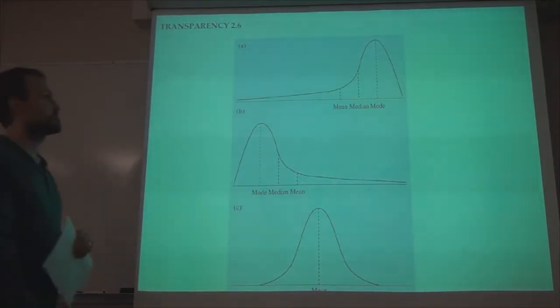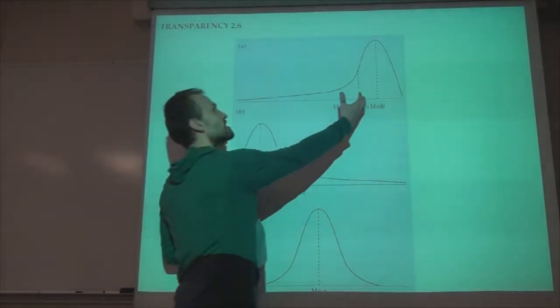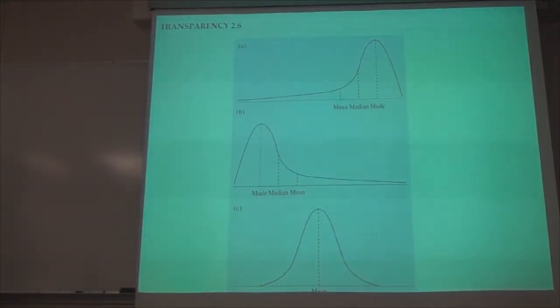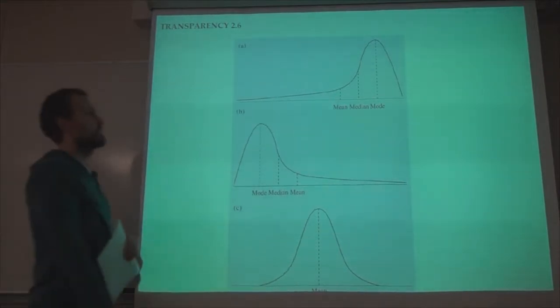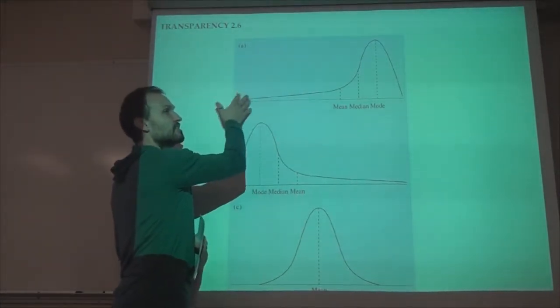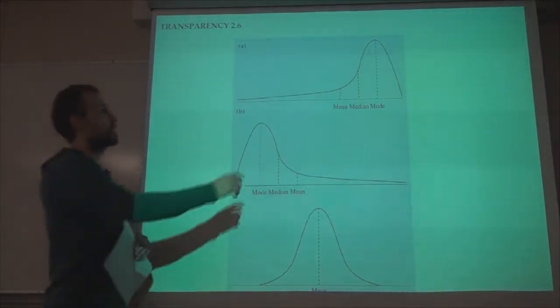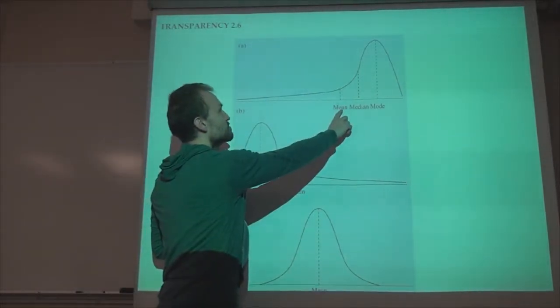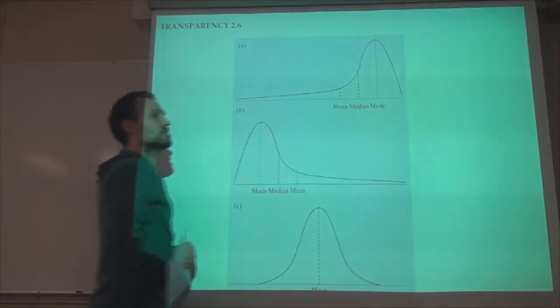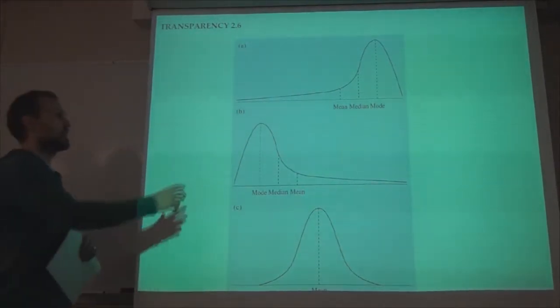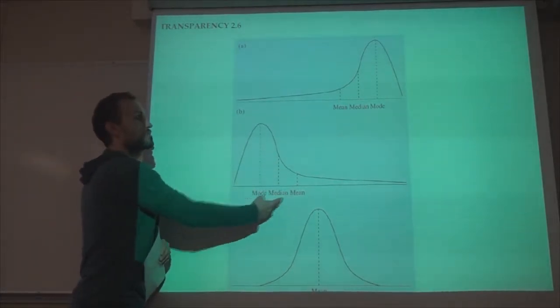His way to remember it was, I have to move it in the negative direction to get its center. So negative skew. But everyone has their own way. I think of the tail being on the negative side, negative skew. And then the mean will be smaller than the median, which is smaller than the mode. The mode is the peak value. If I have a positive skew, then it's the reverse situation.